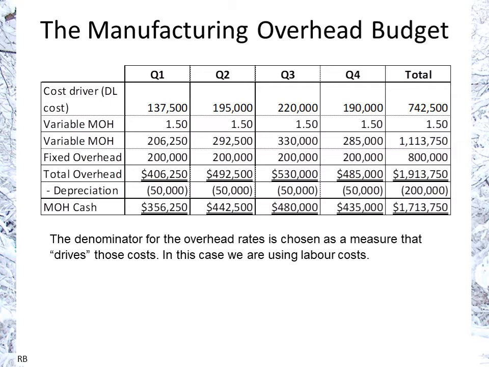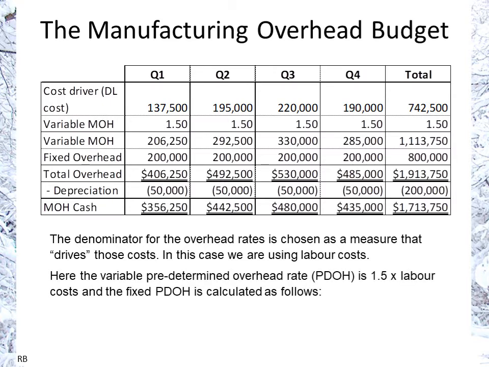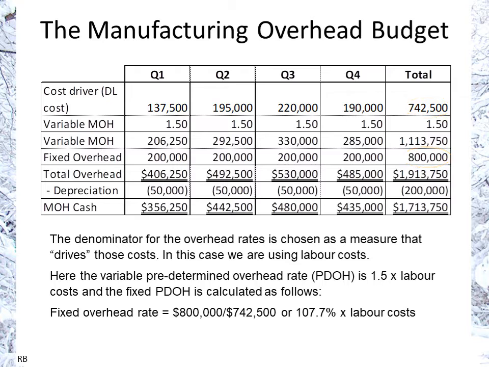So we determine the predetermined overhead rate as 1.5 times the labor costs, and the fixed predetermined overhead rate was based on the total fixed overhead of 800,000. So we take the 800,000 divided by the 742,500 in direct labor costs, and that gives us 1.077 or 107.7% of labor costs.